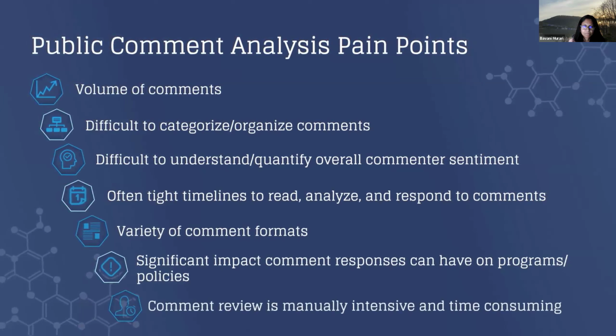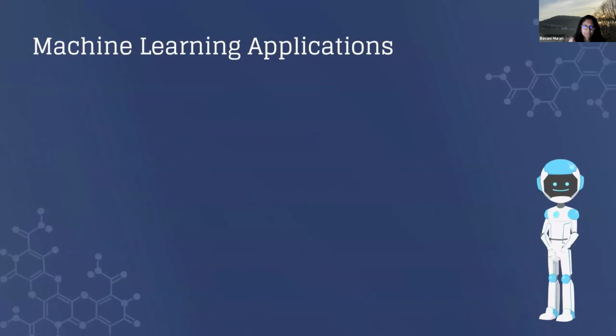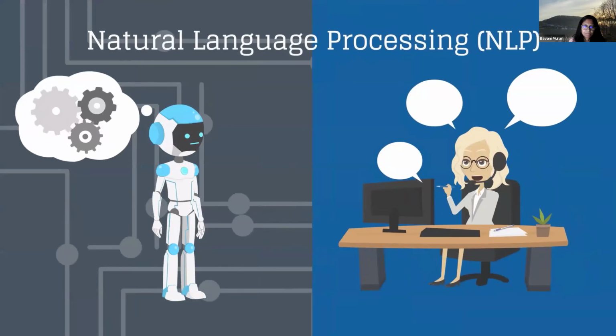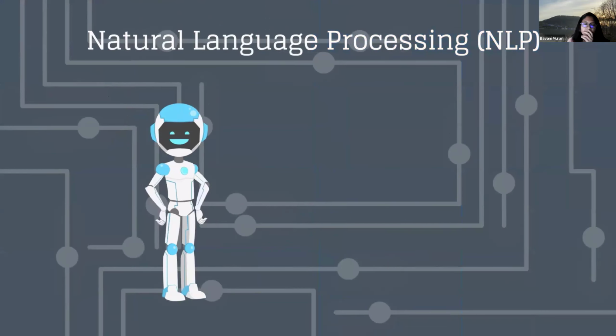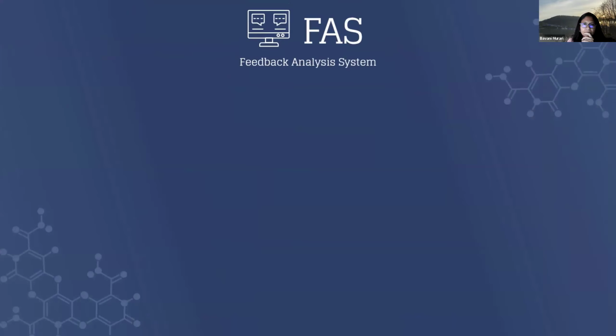Yes, comment review is manually intensive and time-consuming, but it doesn't have to be. By applying ML and NLP, the branch of AI that allows computers to understand and interpret human language, we can alleviate much of the burden. Enter the Feedback Analysis System, FAS.